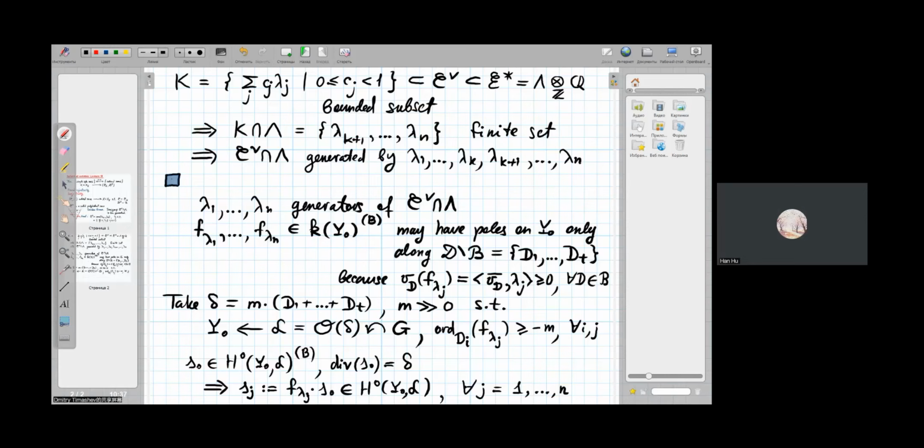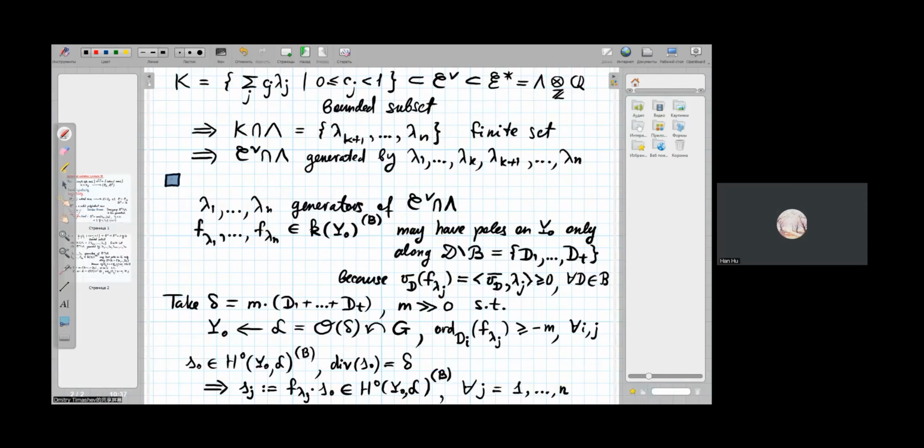Again, this section is B semi-invariant because both factors here are B semi-invariant. So we have this bunch of B semi-invariant regular sections of the line bundle L.